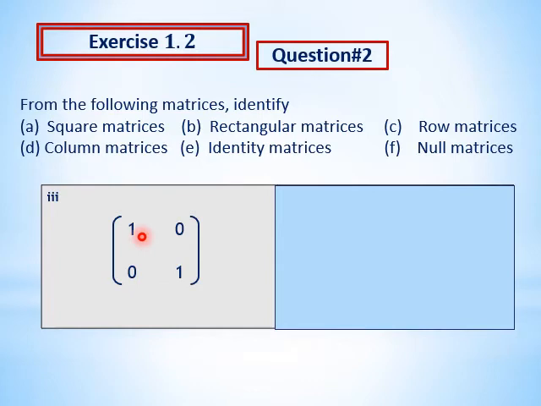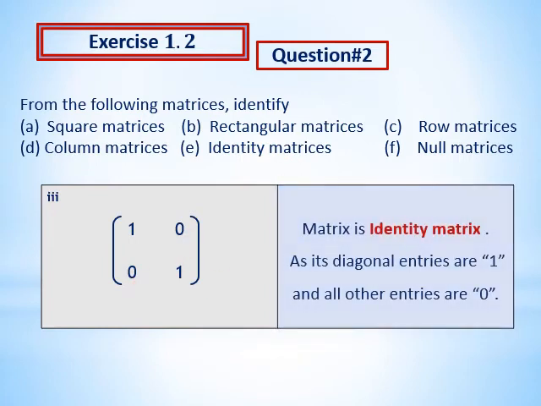And we know that if diagonal entries are 1 and 1, and all other non-diagonal entries are 0, then the matrix is an identity matrix, as its diagonal entries are 1 and all other entries are 0. So this matrix is an identity matrix.